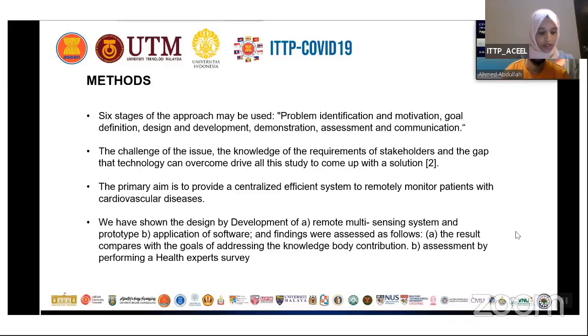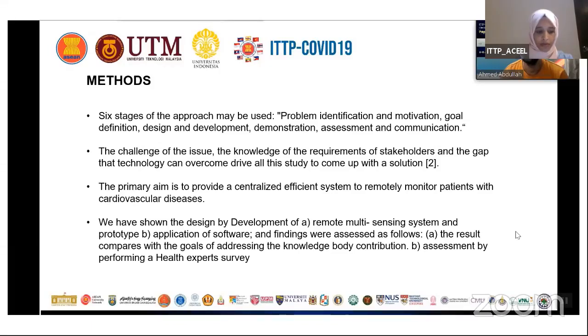Next, this is my methodology. A six-stage approach may be used: problem identification and motivation, goal definition, design and development, demonstration, assessment, and communication.